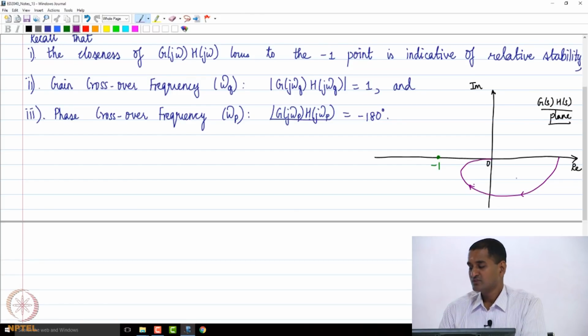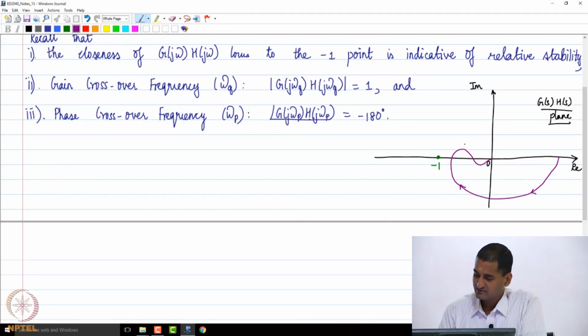Let me redraw it a little bit, sorry about that. I'm just taking some transfer function which essentially goes like this. Obviously, the locus doesn't pass over the -1 point, at least to begin with.